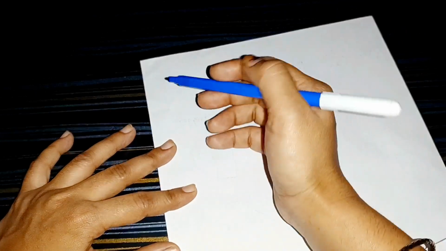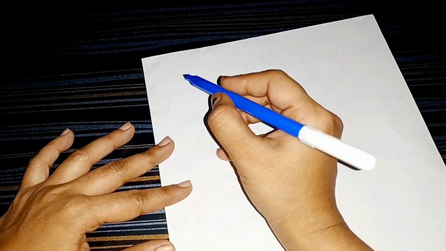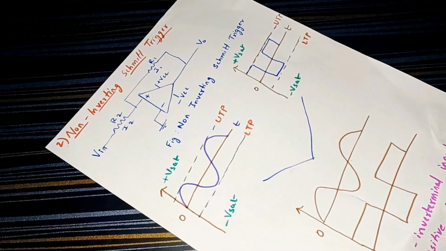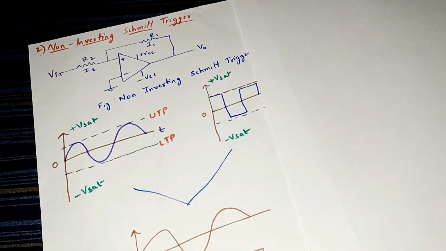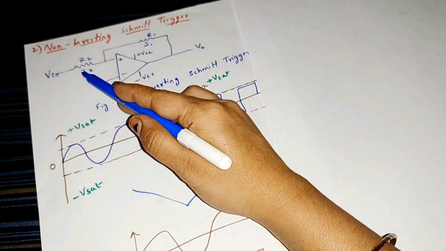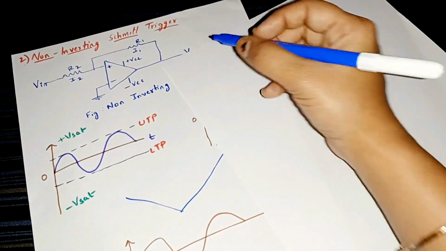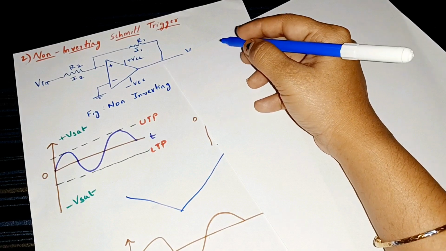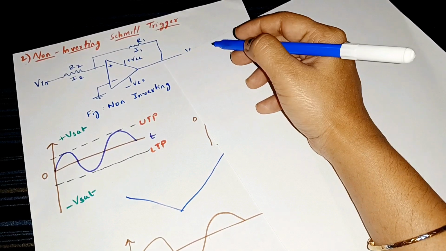By seeing this, we will see how we are going to assume the output. So we can tell that this voltage reference is what we get across the voltage output connection.